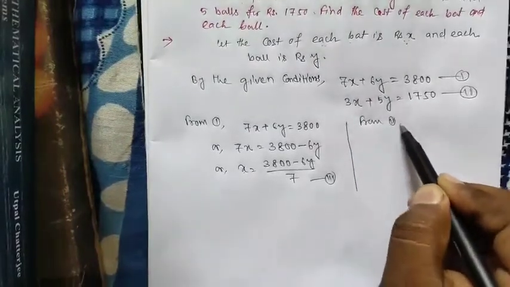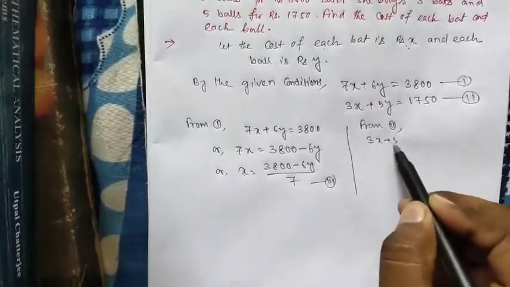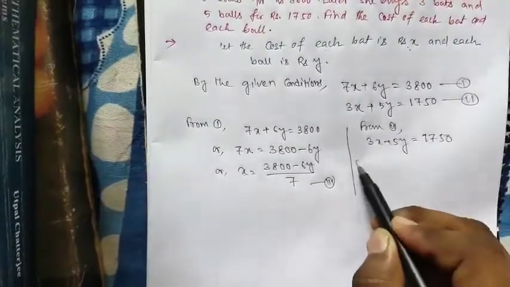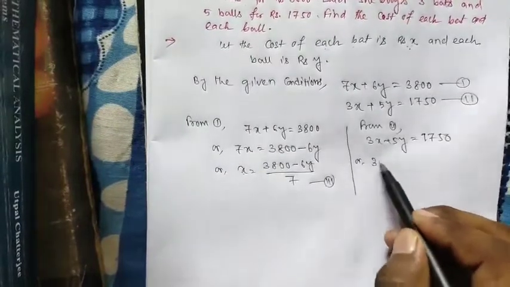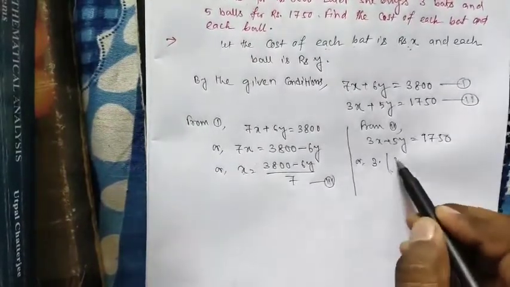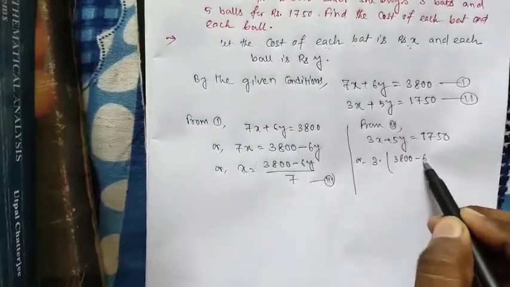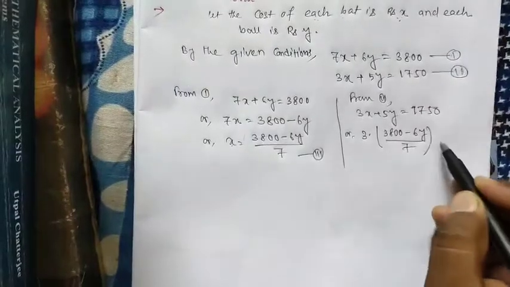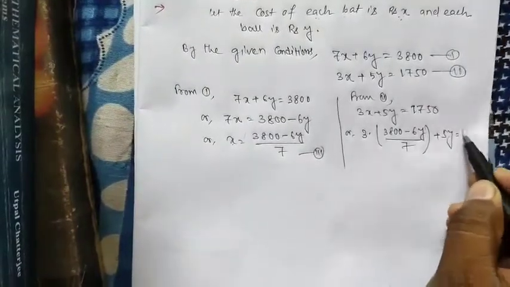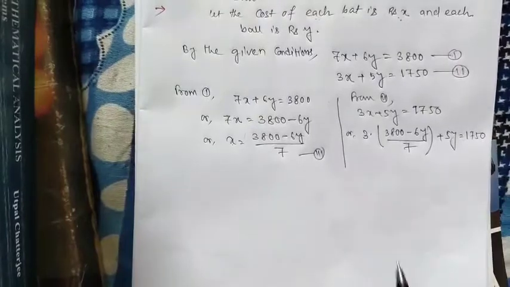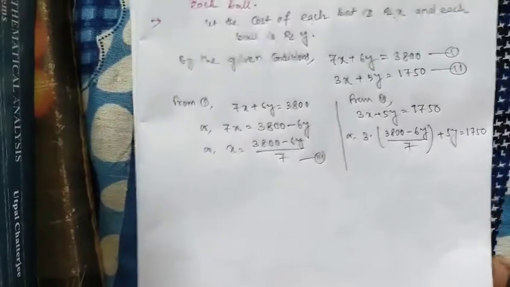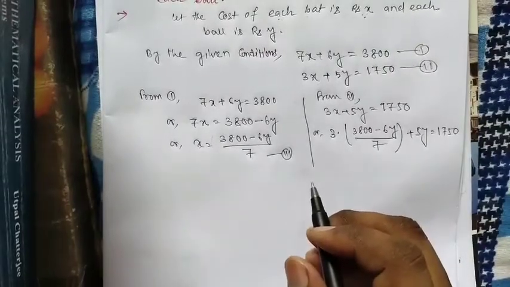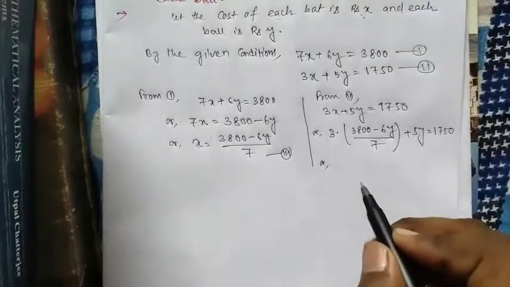Now we will put this value of x in the other equation. So from 2, 3x plus 5y equals 1750, or 3 into x, meaning this value (3800 minus 6y) divided by 7, plus 5y equals 1750. Okay, understood?